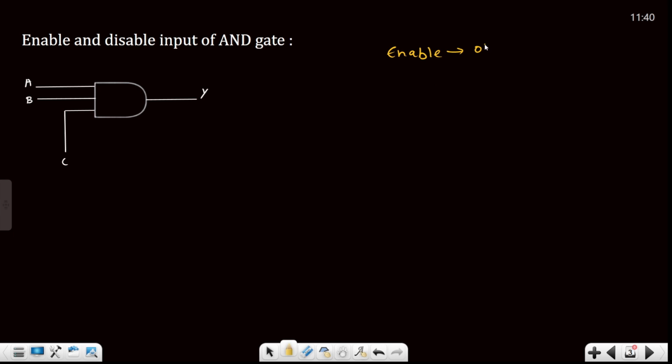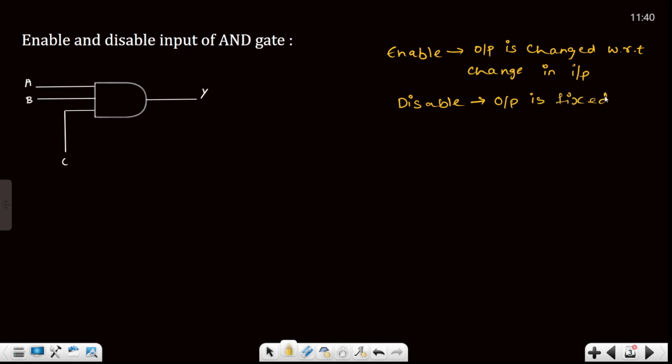So in enable, output is changed with respect to change in input. In disable, output is fixed. Even though you change the input condition, the output will be fixed.